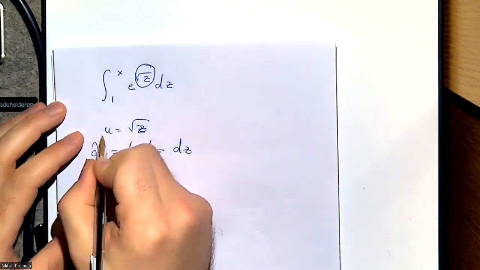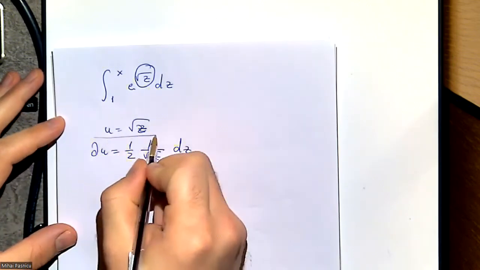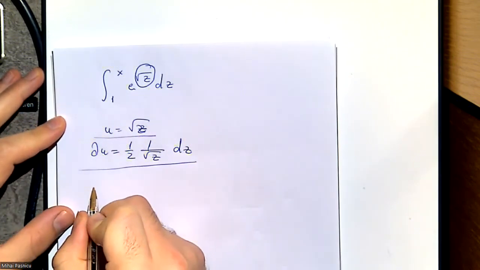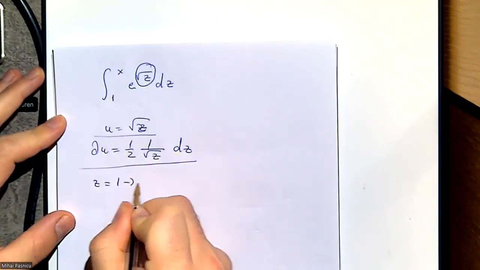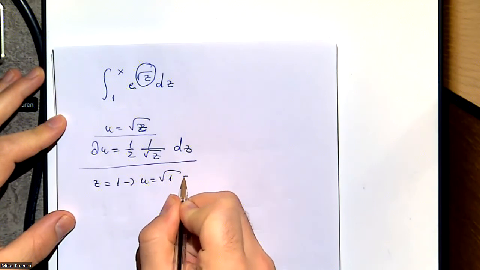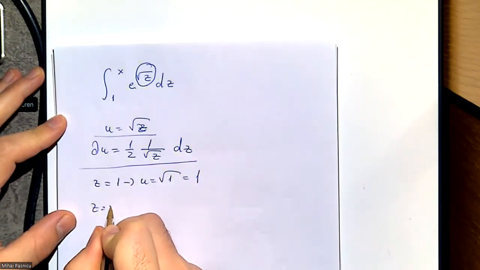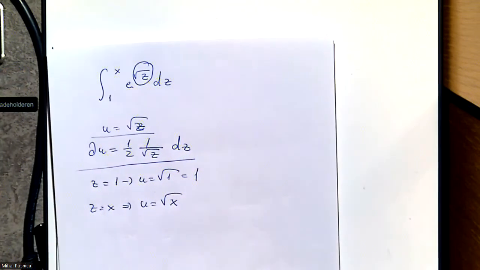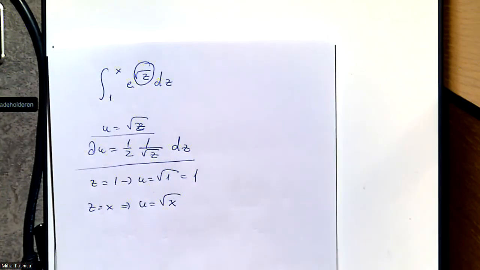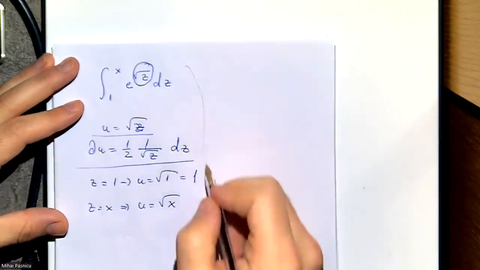Okay. Great. So again, for substitution, my substitution is taking care of du over dz, now taking care of the limits. If z is equal to 1, then u is equal to square root of 1, which is 1. If z is equal to x, then u is equal to square root of x. Okay, now we replace our values.